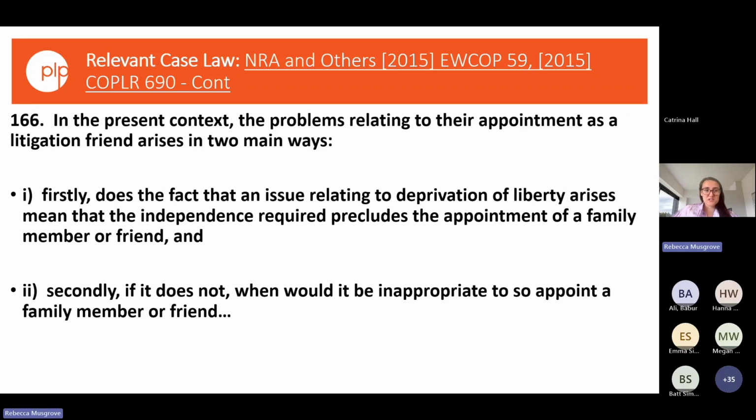And then two paragraphs on, he summarizes how this problem might arise in two ways. The first is, does the fact that an issue relating to deprivation of liberty arises mean that the independence required precludes the appointment of a family member or friend? And second, if it doesn't, when would it be appropriate to appoint a family member or friend?